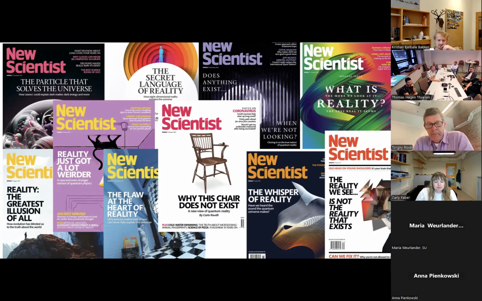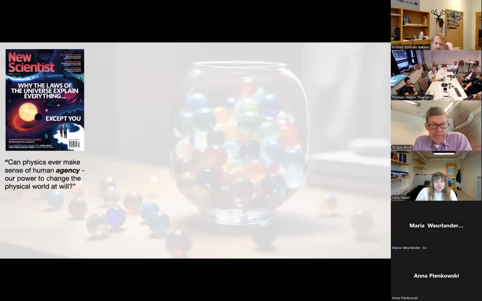Okay, and I found this interesting example from a few years ago, where the cover says, "Why the laws of the universe explain everything except you." And so the heading inside here on that feature article is, can physics ever make sense of human agency, our power to change the physical world at will? Okay.